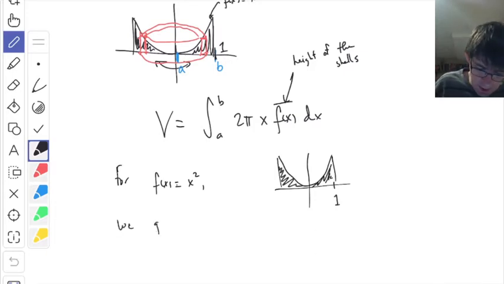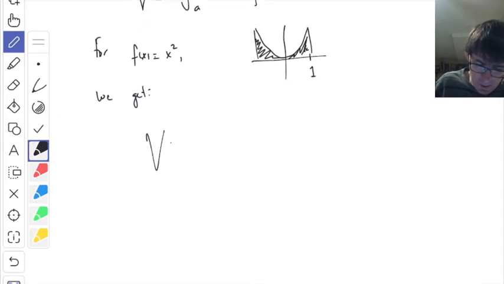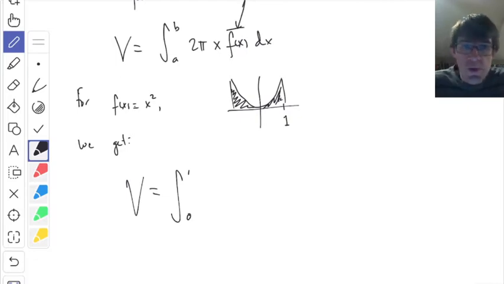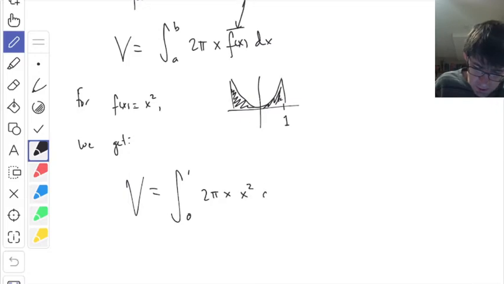We get the volume, just using the formula, integral a to b. Now, like I said, in this case, the b is 1, the a is 0, because the a to b starts from the inside out, not from all the way to one side to all the way to the other side. And then it's going to be 2 pi x, and then x squared dx, because my function this time is x squared.